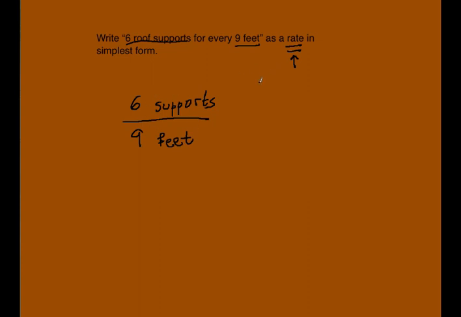In this case, yes, because I can divide 6 by 3 and I can divide 9 by 3 as well. 6 divided by 3 is 2. 9 divided by 3 is 3. So this is 2 supports for every 3 feet. So that's how you would write this problem here as a rate.